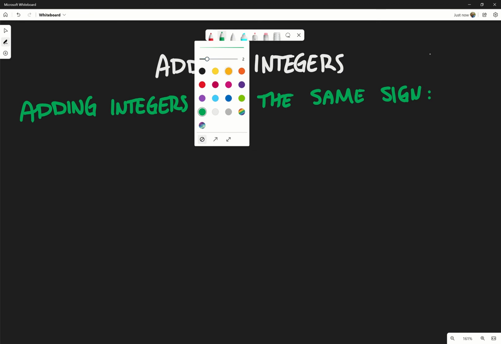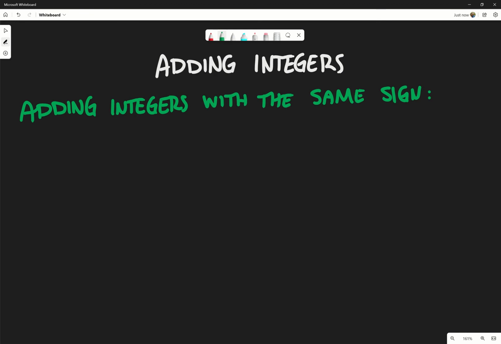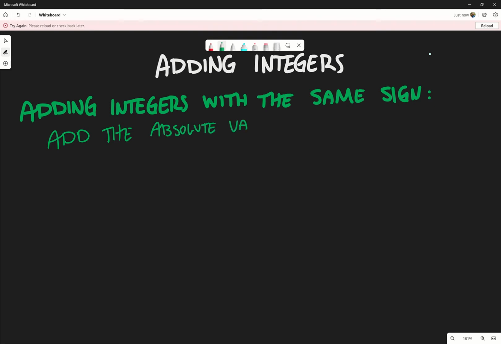Well, if both of our values have the same sign, what we do is we're going to add the absolute values and keep the sign.